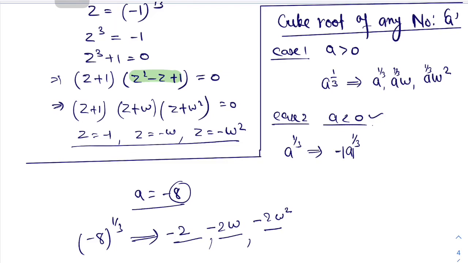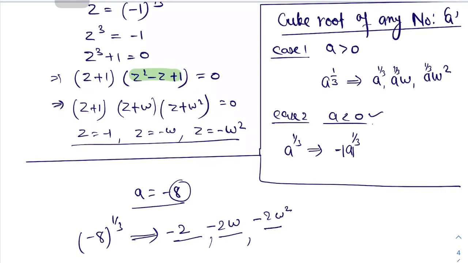Okay, so this thing we are seeing here, cube root of a will be, there are 3 cube roots. The one is minus times cube root of absolute part of a, other is minus times cube root of absolute part of a into omega, and the other is minus times cube root of absolute part of a into omega square.